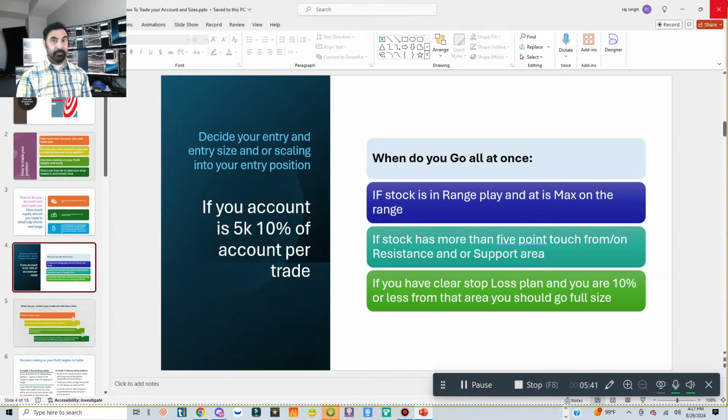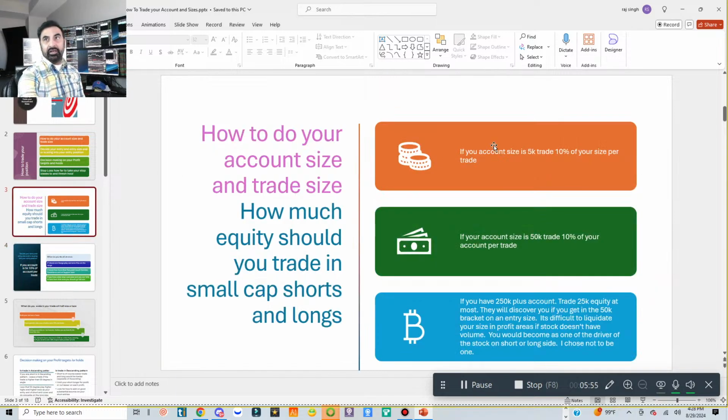You cannot. You should not. Will it win you from a full size if you went? Yes. What are the probabilities? Lesser. That's the key. So again, to recap, you guys know this, account size, all that.